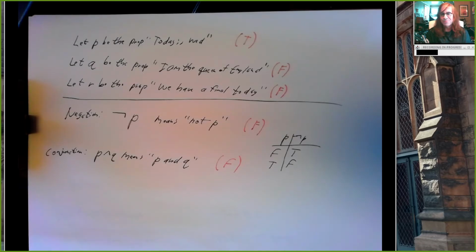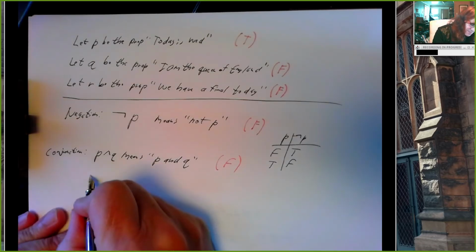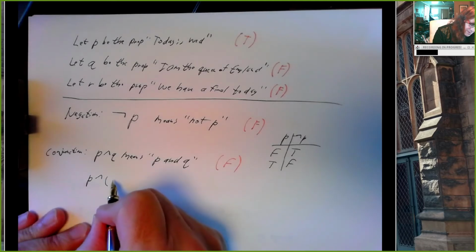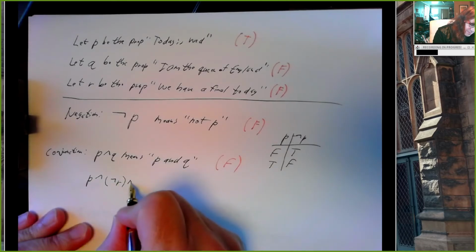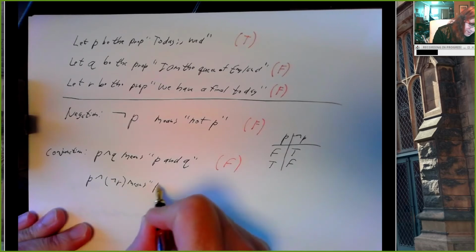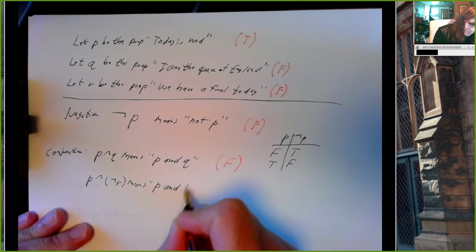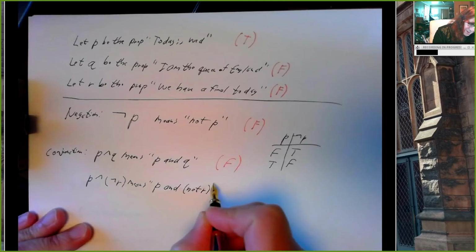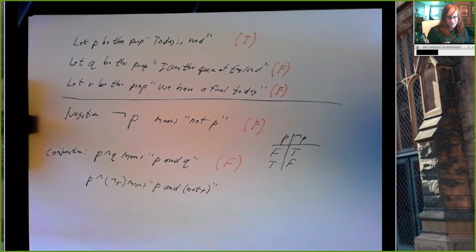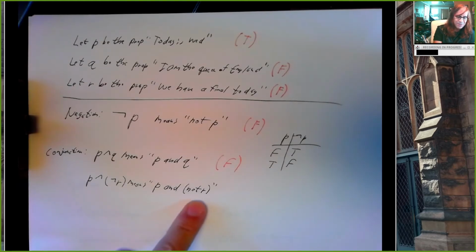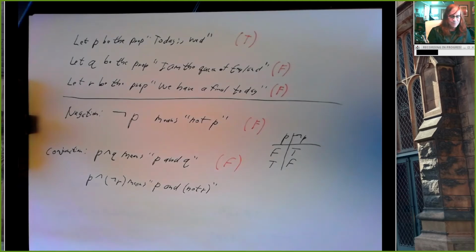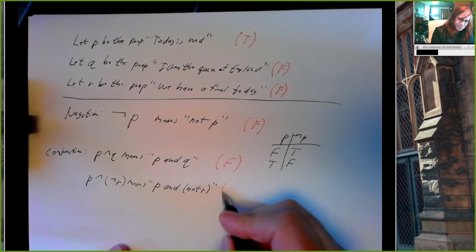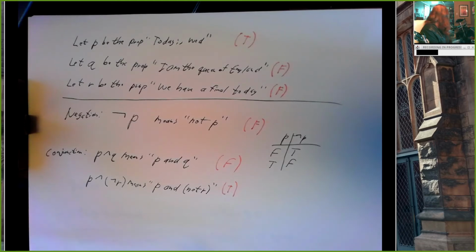But if I had another proposition that was true, for example, I could do P and not R. Spoken and written English doesn't really have parentheses the way that we'd like, but you know what I mean here, right? I'm saying today is Wednesday and we do not have a final today. Well, that turns out to be true. Today's Wednesday and we don't have a final.